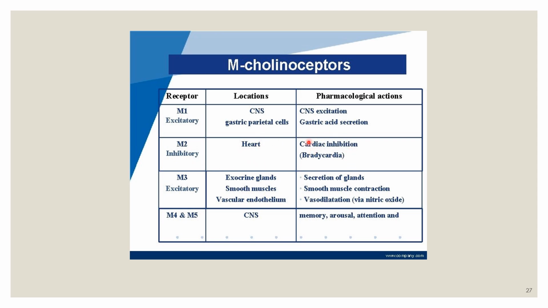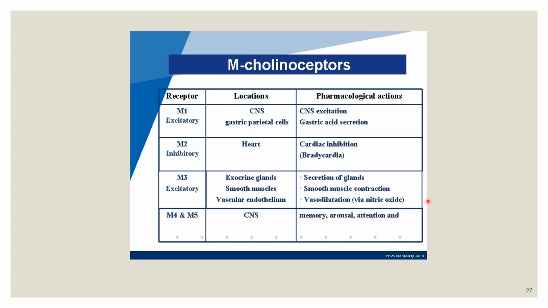So if you stimulate those, it will cause bradycardia. M3 are excitatory. They are present on the exocrine glands, smooth muscles and vascular endothelium. They will lead to secretion of the glands, smooth muscle contraction and vasodilatation of the vascular endothelium via the nitric oxide mechanism.